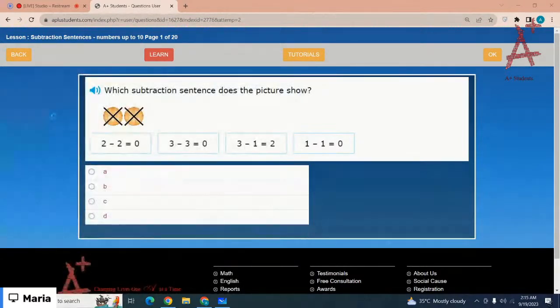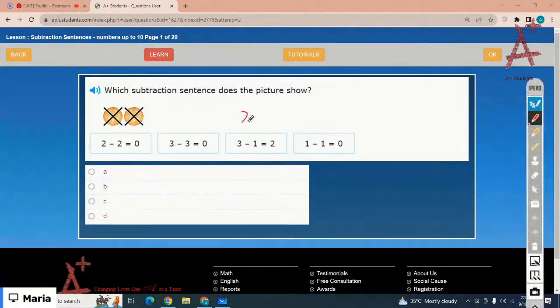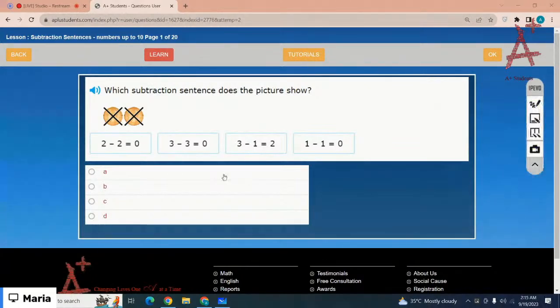To write the sentence, it would be: you have a total of 2 biscuits. Both of them are crossed and you are left with 0. So that is the correct option, right? 2 take away 2 is 0. The correct option is 0. Option number is the correct option.